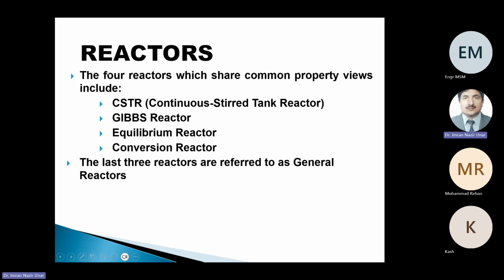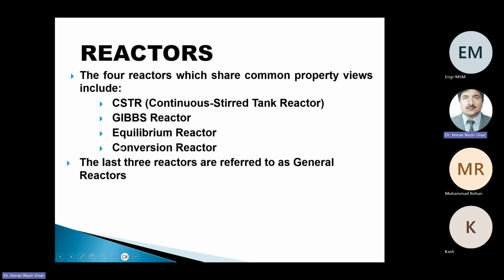So now, in the general category, the reactors share a common property view. Now this is an old presentation. Now you will find a few more, like the yield reactor is also there. So CSTR, Gibbs reactor, equilibrium reactor, conversion reactor and yield reactor nowadays. These 4 or 5 reactors share the same common property.